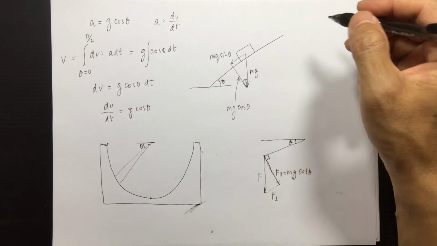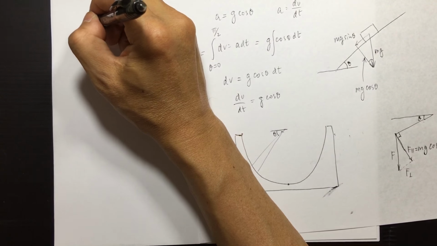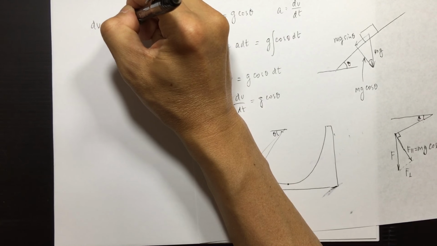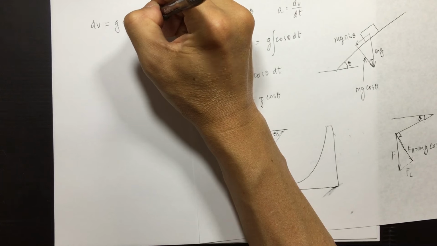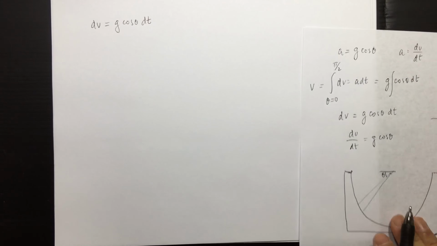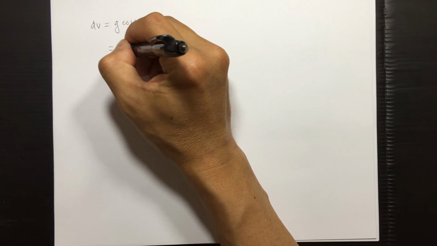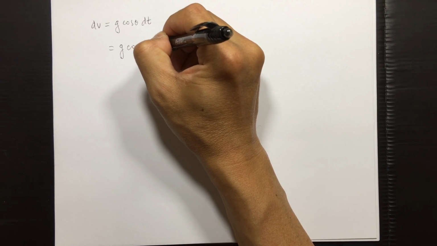Now we're going to do this. Let's write it clean. dv equals g cosine theta dt. Now let's move this around: g cosine theta d theta.